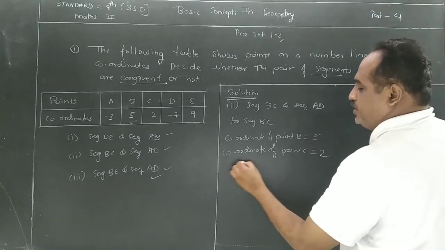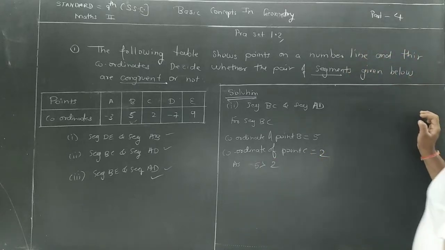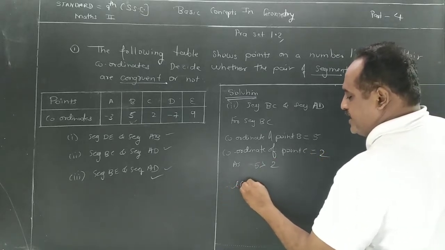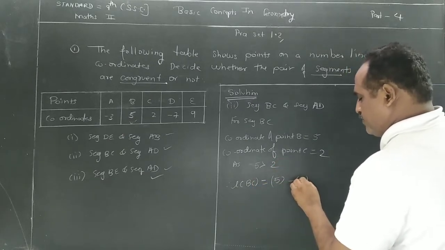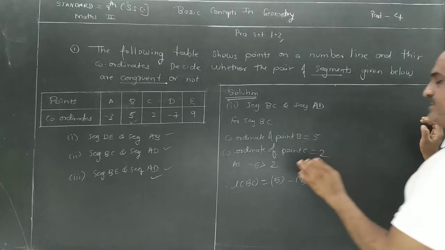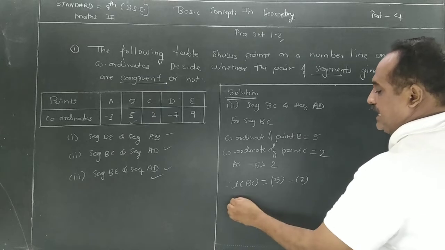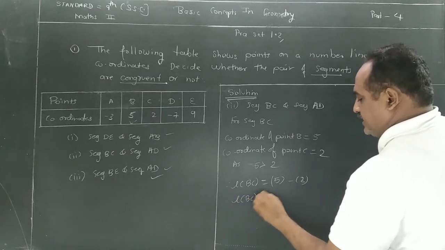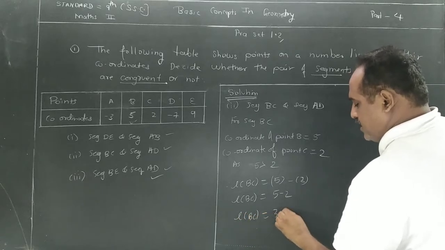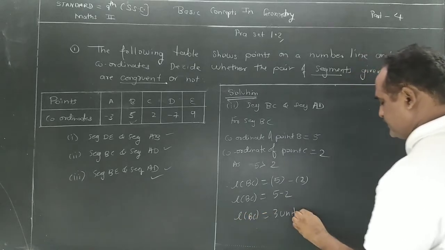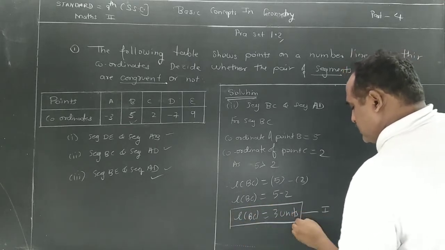So 5 and 2. 5 is greater than 2. So length BC is equal to 5 minus 2. But when you are placing any value, please, students, take care. You put it in a box only, either it is positive or negative. That will avoid your silly mistakes. 5 minus 2. So length BC is equal to 3 units. This is equation number 1. This you are going to put in a box.